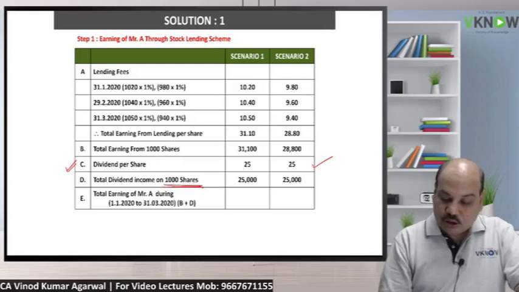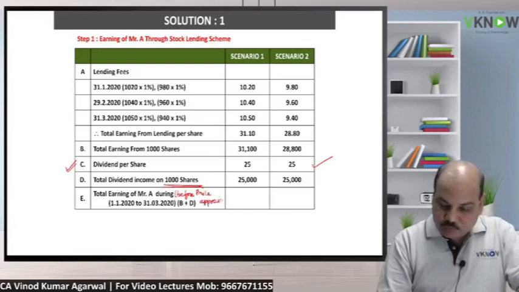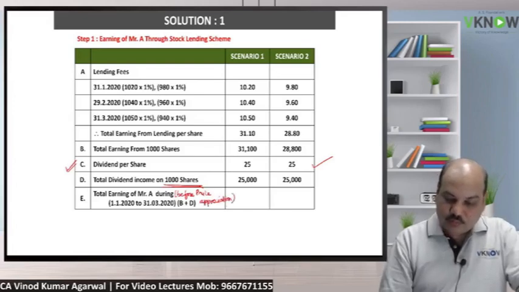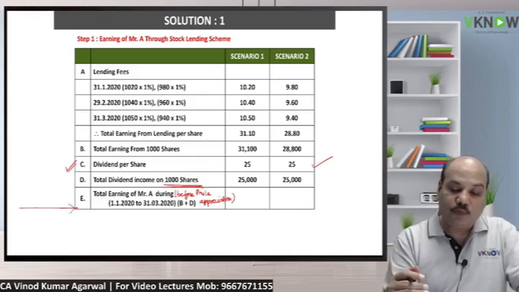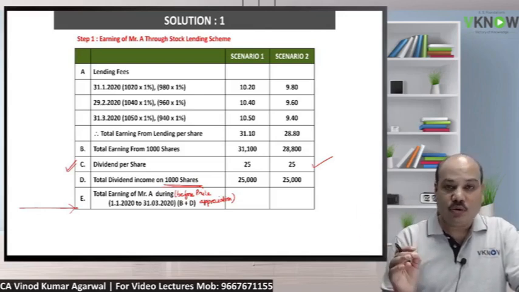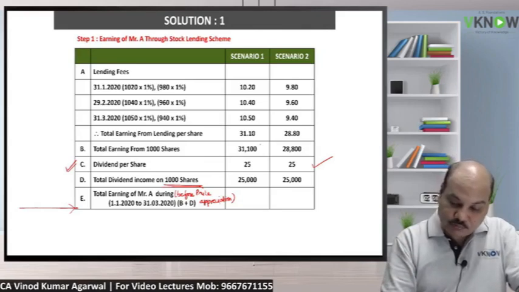So my total earning of Mr. A before price appreciation, because institute has not considered the price appreciation, but we need to consider that also to get total earning. If you are holder of a share, your earning will also include any appreciation in the value of the share. So right now, before considering price appreciation, your earning is B plus D.